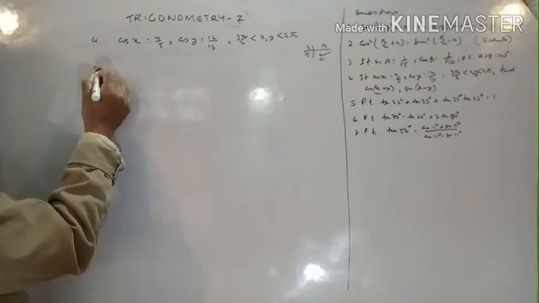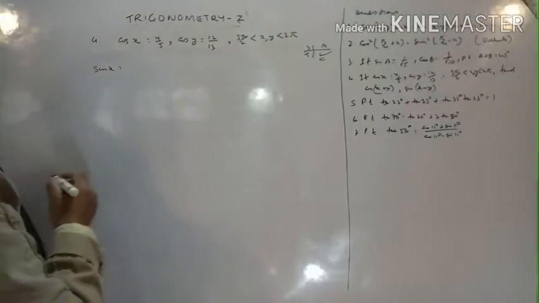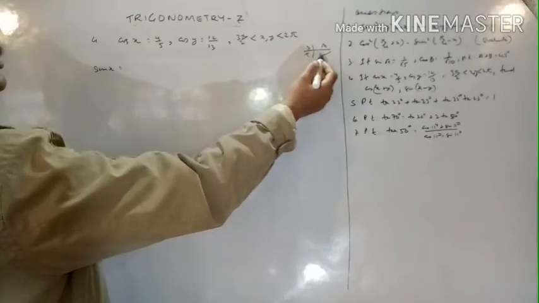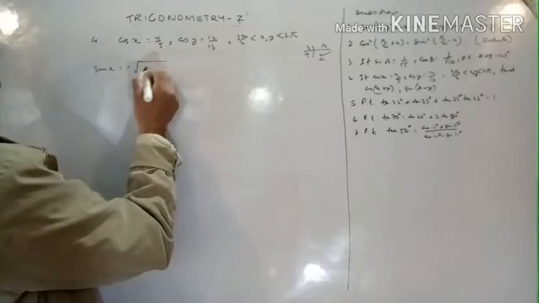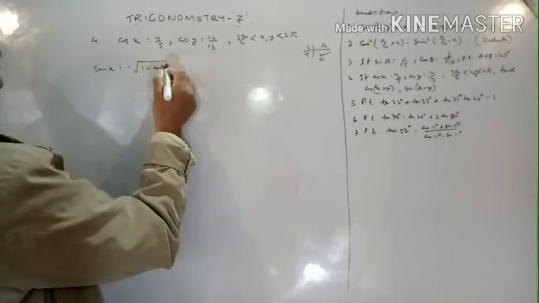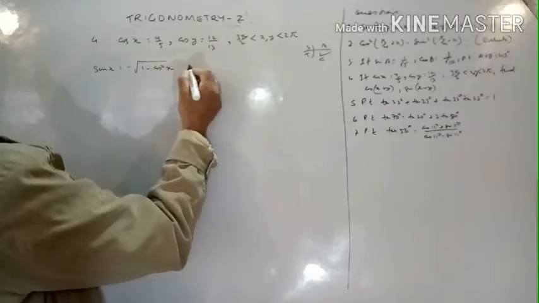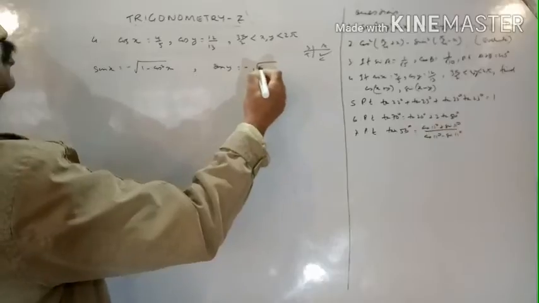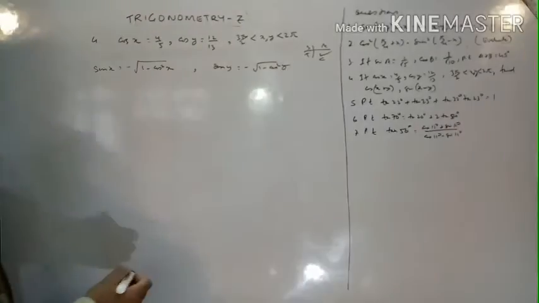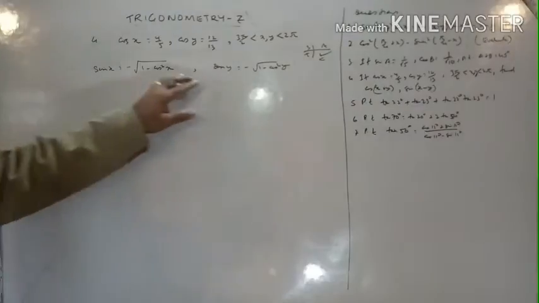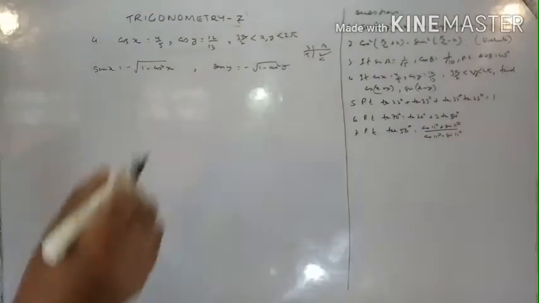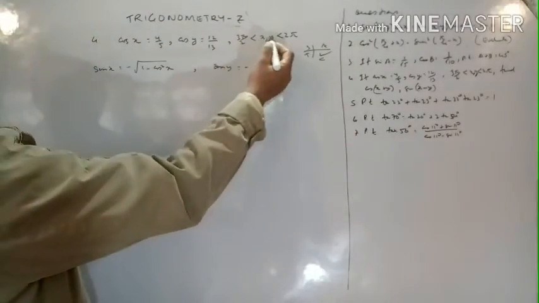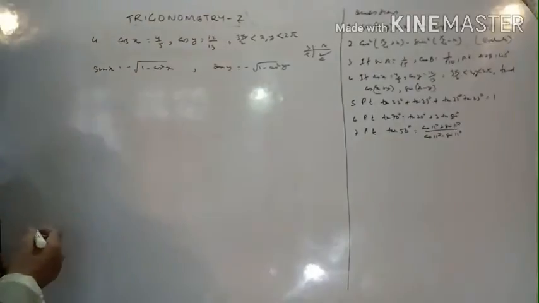So sin x equals, since x is in the fourth quadrant, sin x will be negative because only cos is positive. So we take minus root over 1 minus cos square x, and here sin y equals minus root over 1 minus cos square y, because in the fourth quadrant the sine ratio is negative in both cases. Sin x is negative and sin y is negative, because both x, y lie in the fourth quadrant.